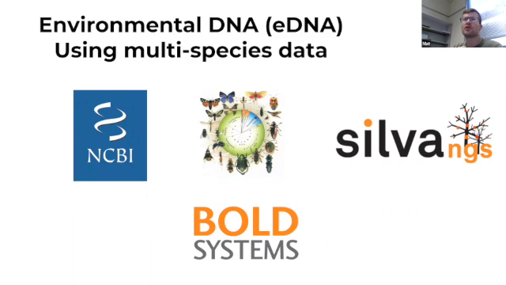The BOLD system, which is primarily CO1 sequences, largely dominated by insects. Silva database, which has a lot of 18S, 16S sequences, which is a bit more universal in regards to primers. There's also things like the Greengenes database, which is a bacteria-based one.